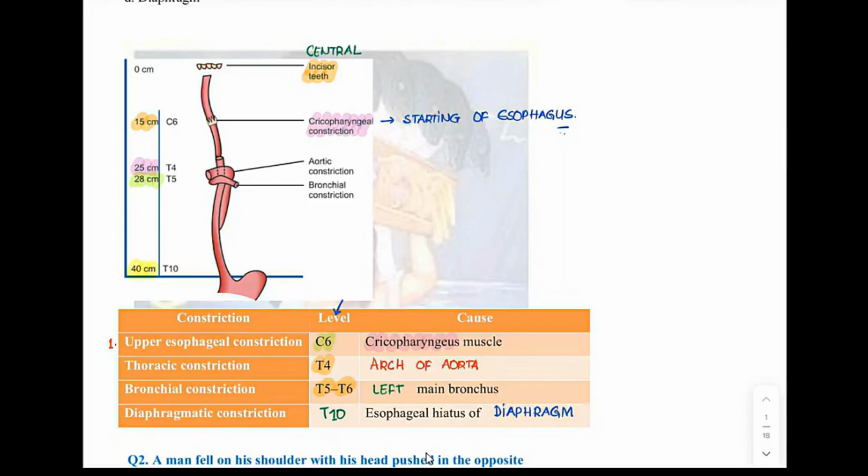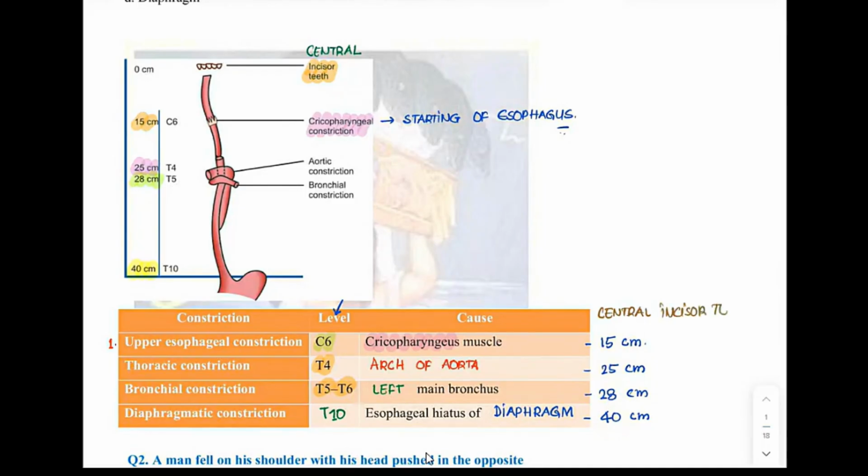So you should remember 4 things. Number 1, what is the reason? Number 2, what is the vertebral level? And number 3, the distance from the central incisor. So 15 centimeter, 25 centimeter, 28 centimeter, and 40 centimeter, measured from the central incisor teeth.